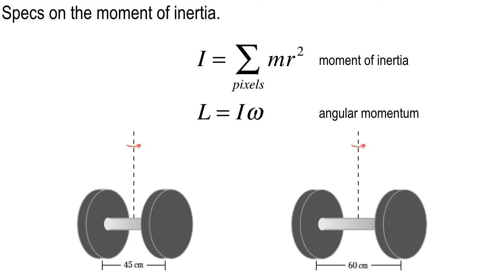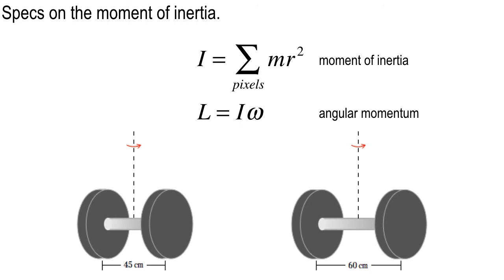Now these two dumbbells, and this is a diagram from your textbook too, I can't remember exactly which page. This first dumbbell on the left, the same size weights, so the same number of grams, but they're only 22.5 centimeters from the spin axis.